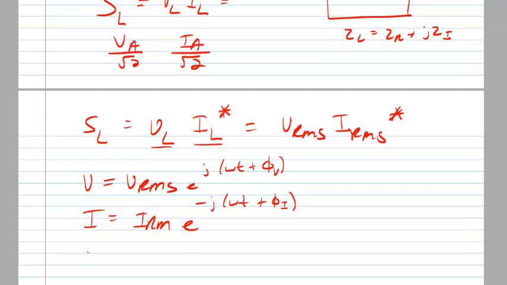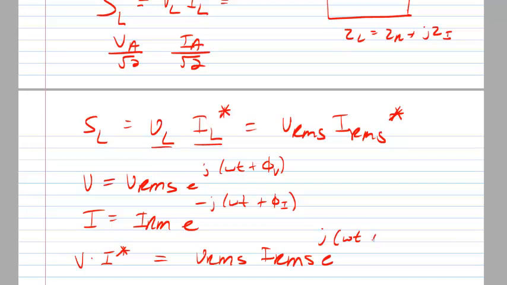So if we say V times I complex conjugate, we get VRMS times IRMS e to the j, and when you multiply things together, you add the exponents.